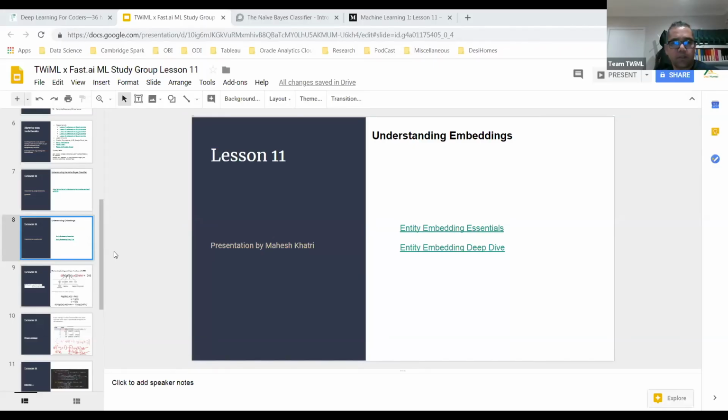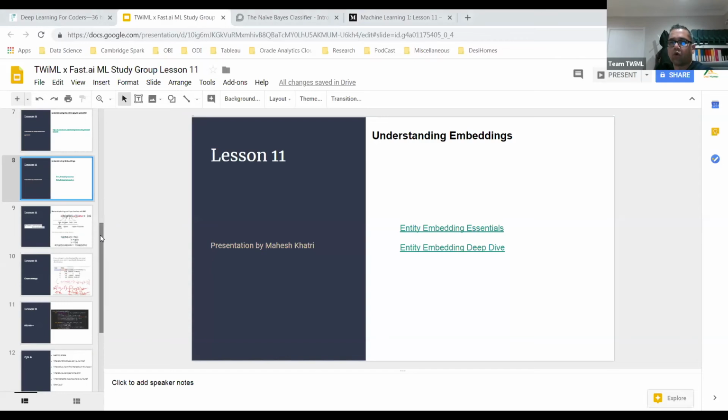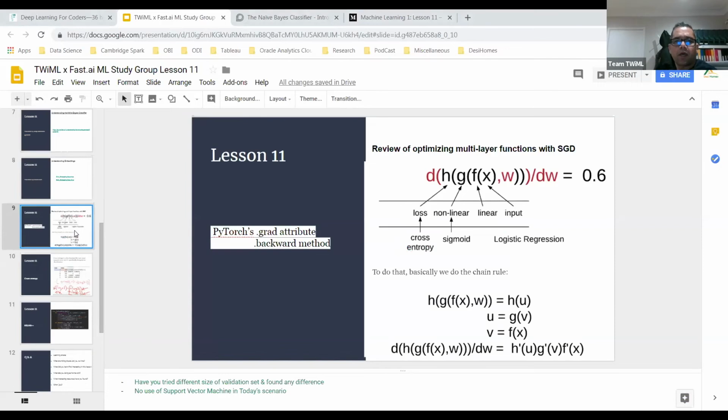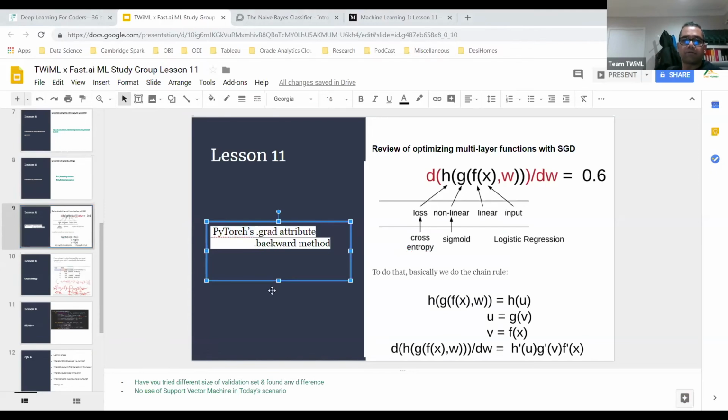Right. Okay. So these were the presentations, and then I have just 2-3 more slides, just going through the flow of what Jeremy covered in this lesson. This is something interesting, like here in PyTorch. Has anybody tried to do this .grad attribute or .backward method to uncode the multilayer function?